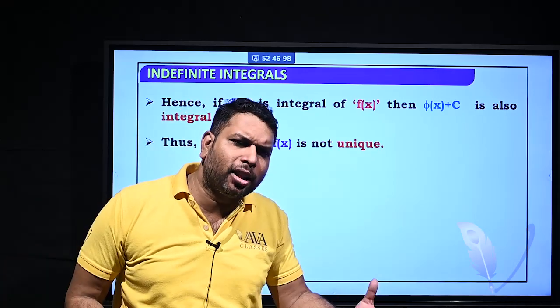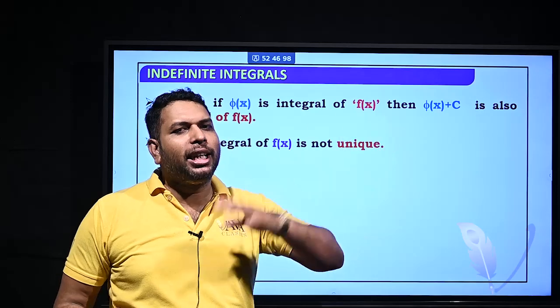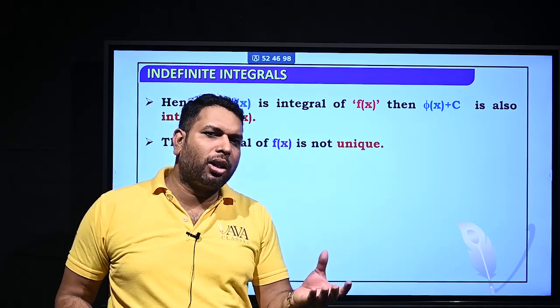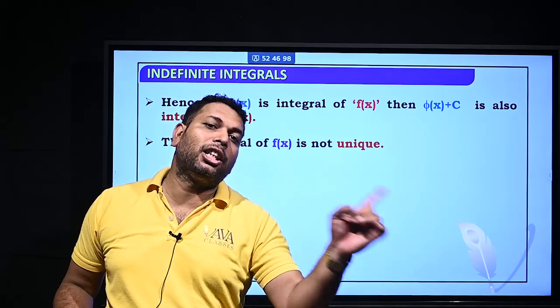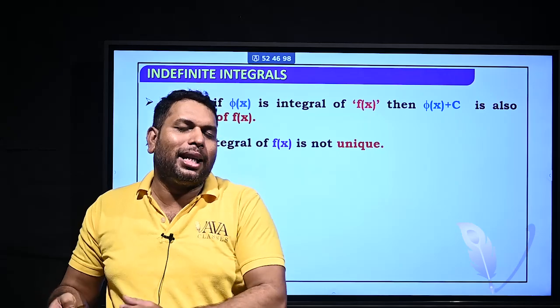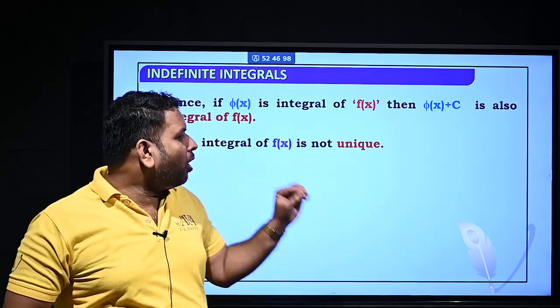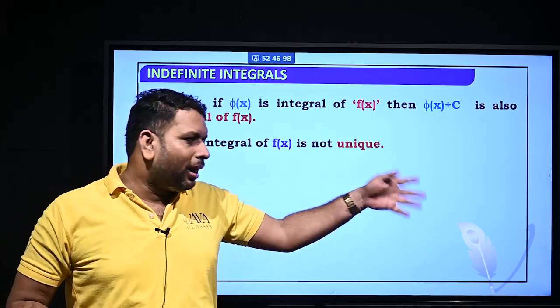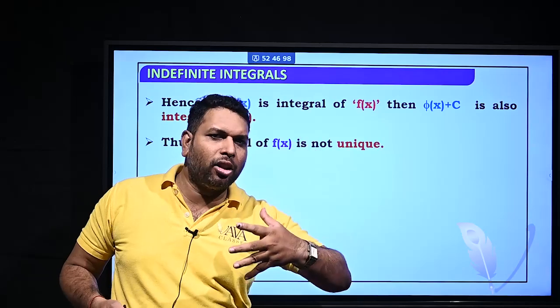Breaking is differentiation, that is unique, but joining, combining, making the thing once again is not easy. That's why integration is not easy, and integration is not unique. When you join, you will not get the exact thing. Later you will see integration is not easy because joining things is not easy.